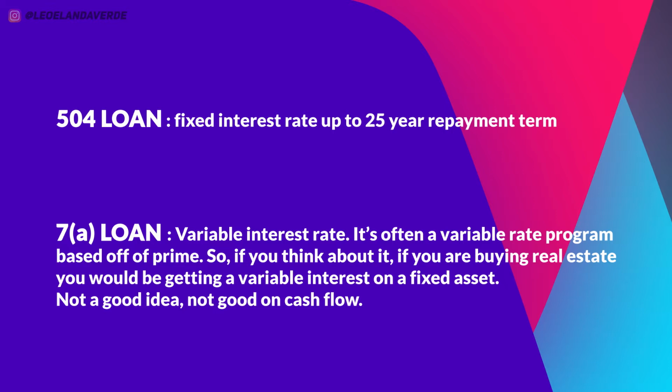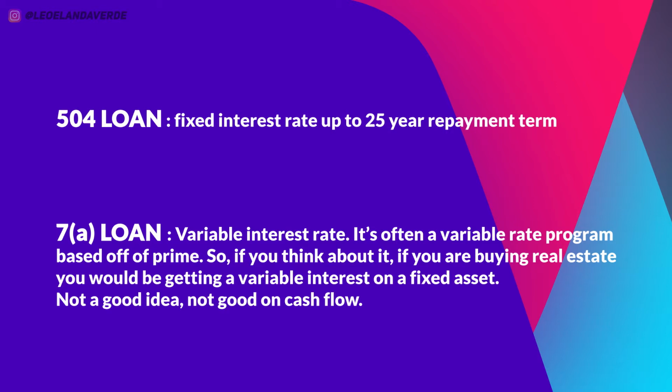With the 7A, it is a variable interest rate. So think about what you're gonna invest it for. Now, the biggest difference, and usually what comes up, is why can't you buy commercial real estate with a 7A loan? For the simple reason that when you buy a fixed asset like commercial real estate, you wanna have fixed payments. So if you're buying real estate for your business and you wanna go from renting to owning, you wanna have a predictable fixed payment.